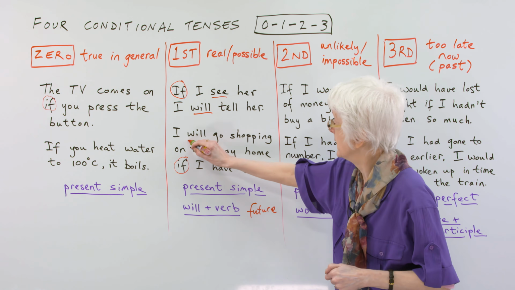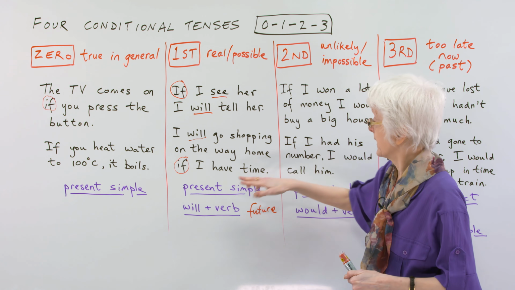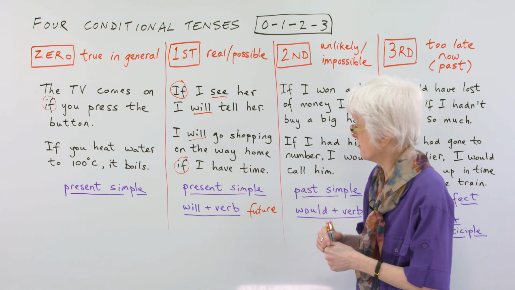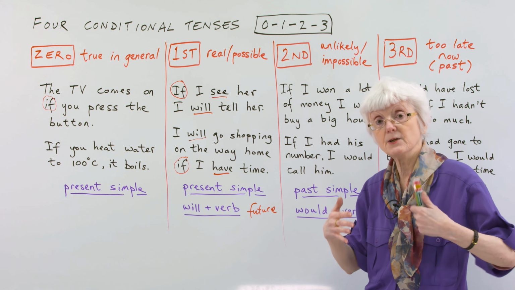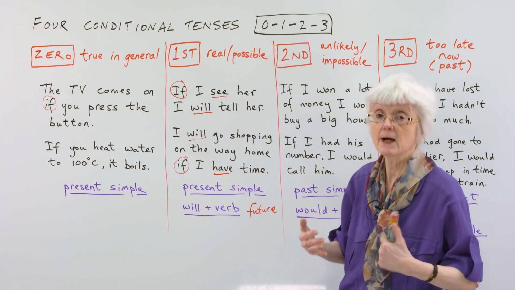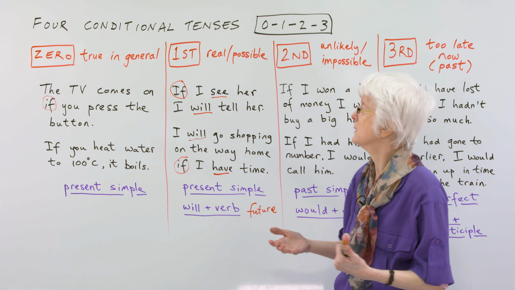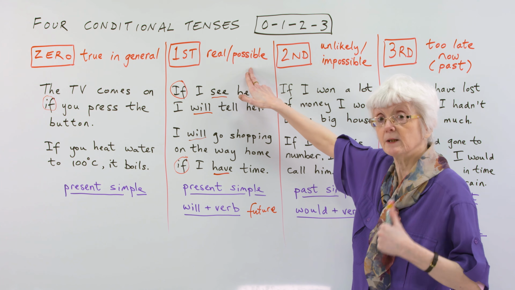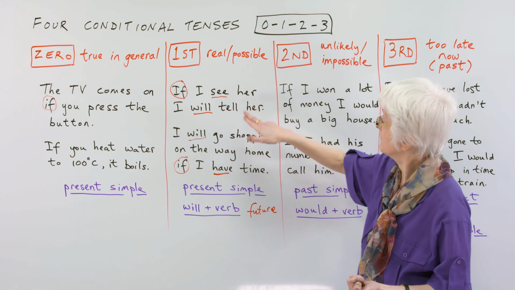Okay, so I will, future, main clause. If I have time, I have, present simple. Okay, so that is a kind of intention. You're saying, yes, I will do that if I have time. So it's a real situation. It's something that's quite possible, the first conditional.